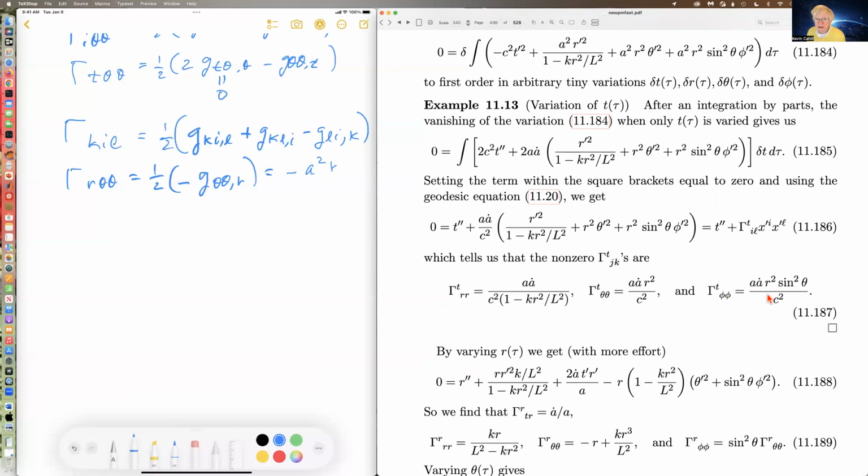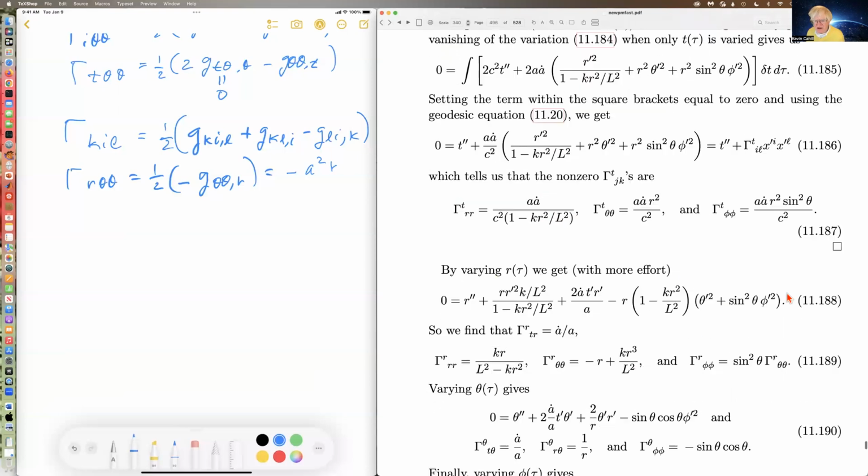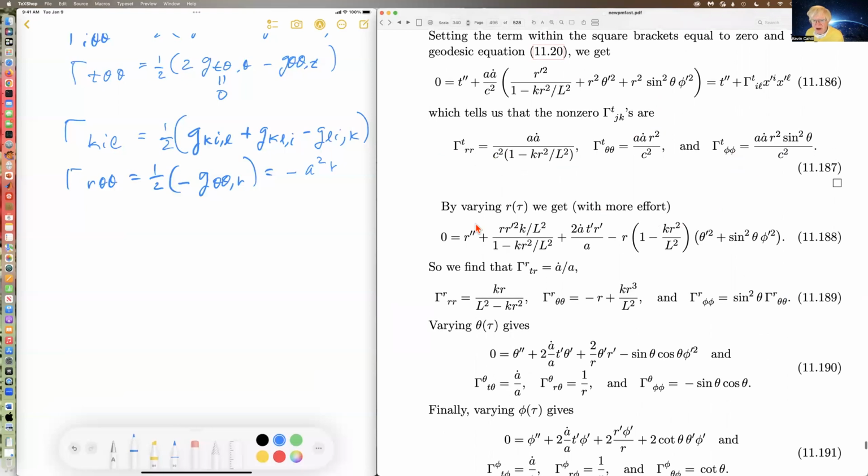And so what you do is you have to compare this to what the variation is in terms of the Christoffel symbols, and that's back in an earlier section.